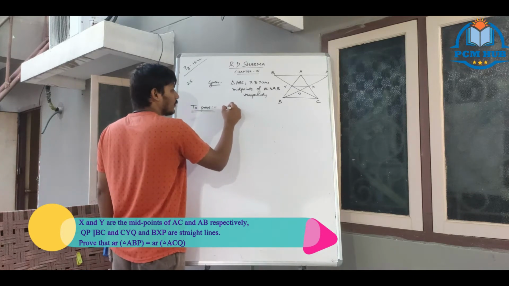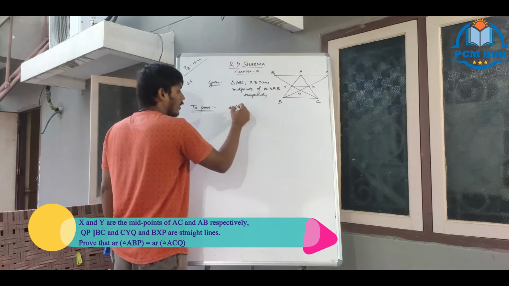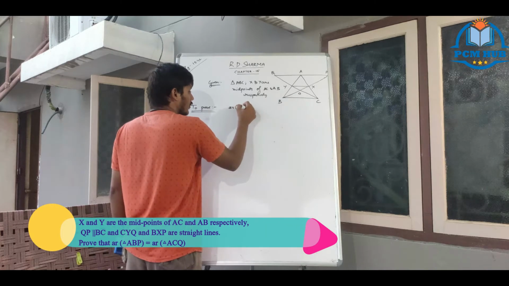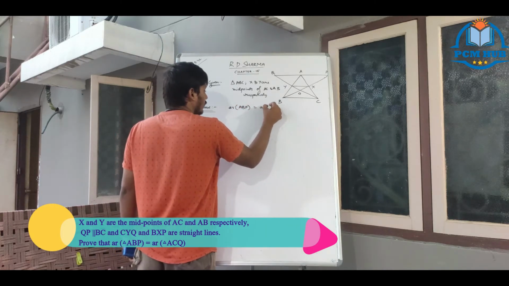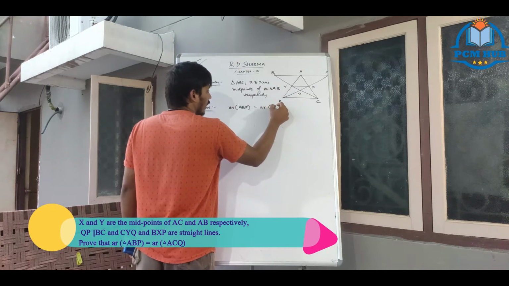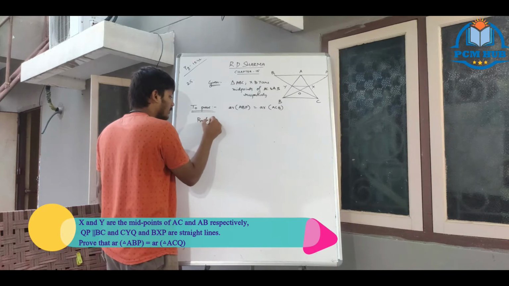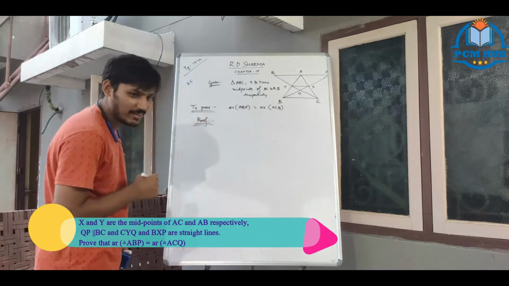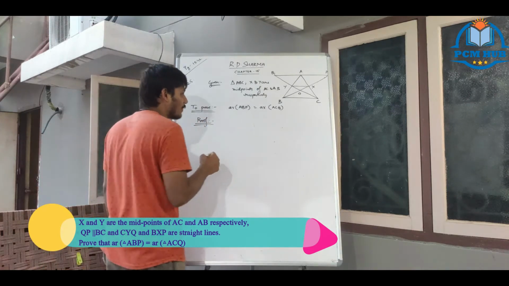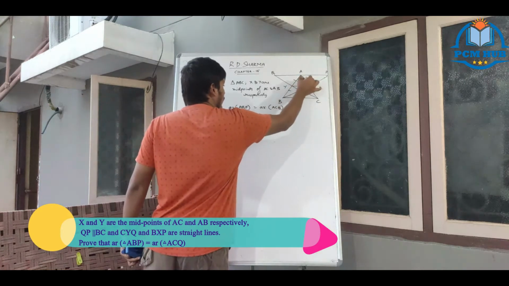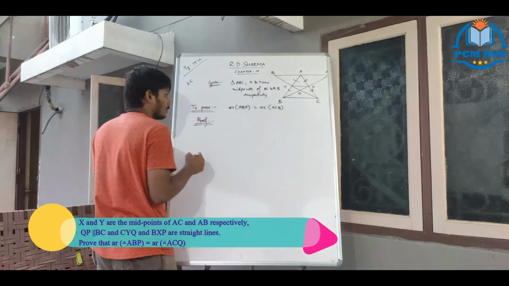Okay, what is it to prove? Area of ABP is equal to area of ACQ. Simple. Now the proof, this proof is very simple. These two are midpoints.